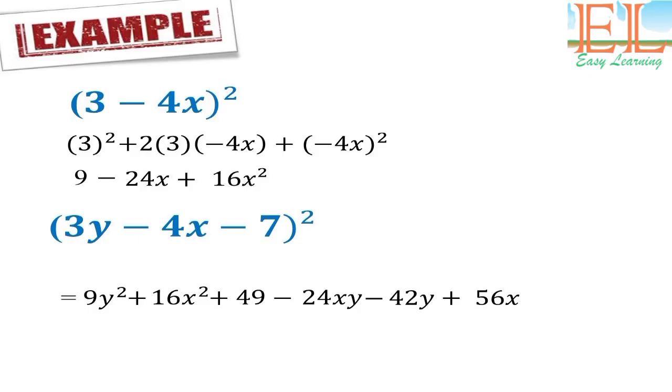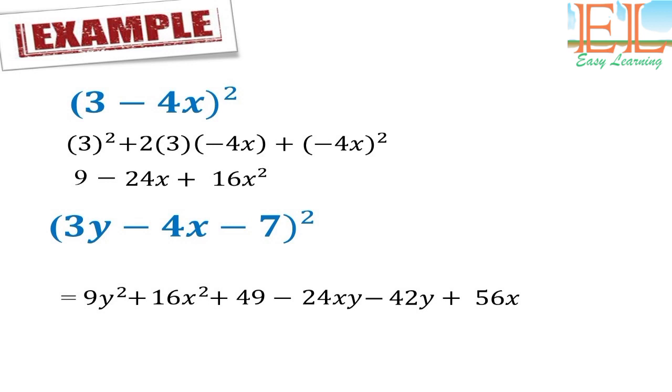Let's take some examples. If you are asked to expand 3 minus 4x all squared, or 3y minus 4x minus 7 all squared. For the first one, 3 minus 4x all squared, our first term is 3 and the second term is negative 4x. I take the first term and I square it.